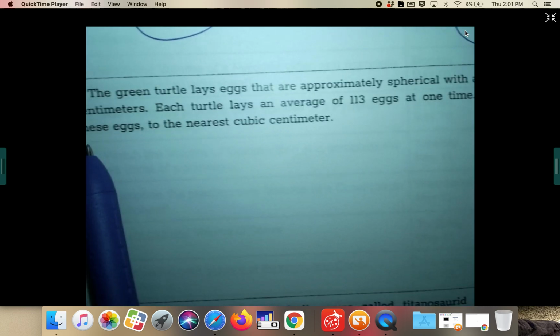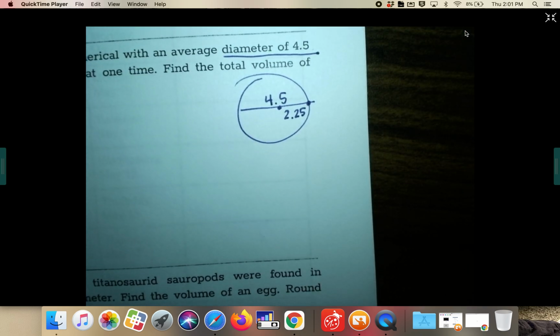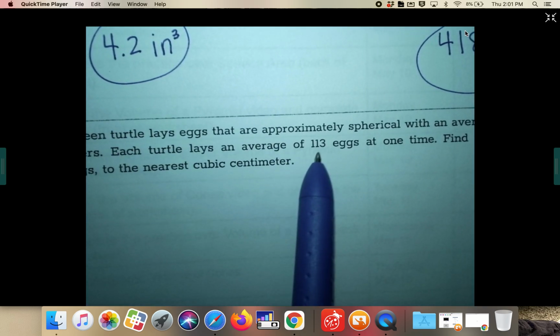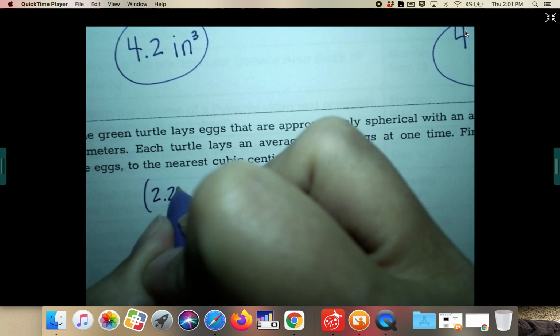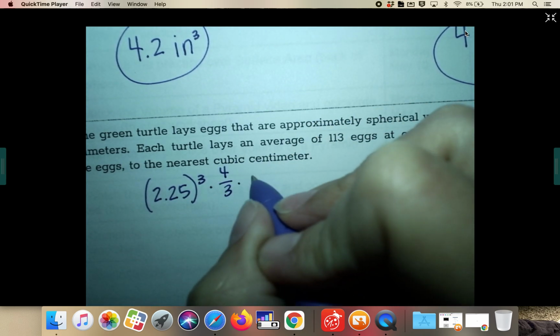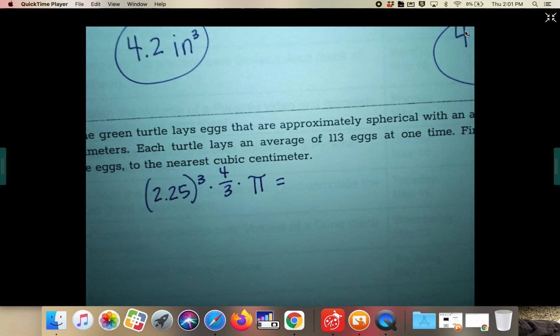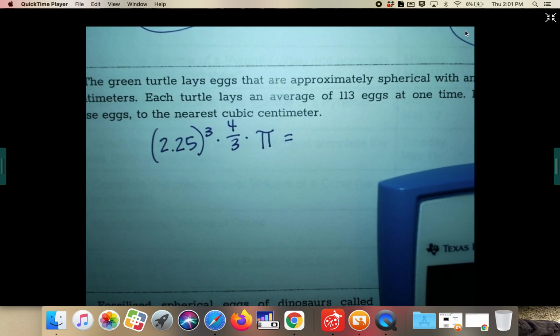Find the total volume of all of these eggs. So if you just found the volume of 1 egg, it's not going to be right. We're going to need 113 of them. So our formula is 2.25 cubed times 4/3 times pi, and that's going to give us 1 turtle egg. And then we're going to have to multiply that by 113.